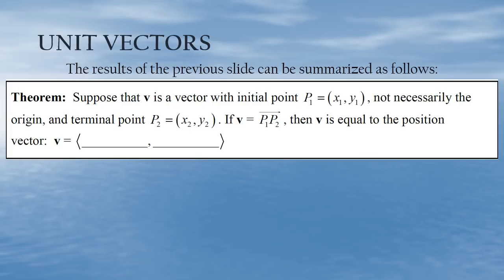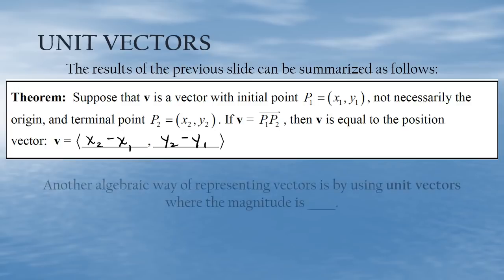And the terminal point p sub 2. If vector v is called vector p sub 1 p sub 2, then vector v is equal to the position vector (x sub 2 minus x sub 1, y sub 2 minus y sub 1).